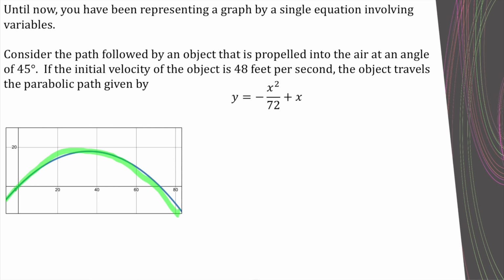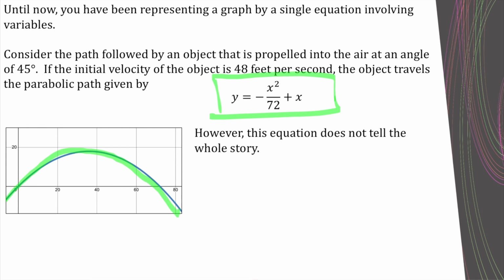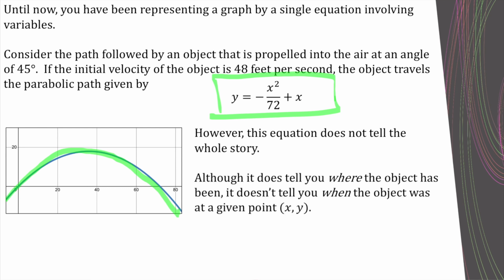Then the object travels along the parabolic path given by this equation: y equals negative x squared over 72 plus x. However, this equation does not tell the whole story. Although it does tell you where the object has been, it doesn't tell you when the object was at any given point x, y.